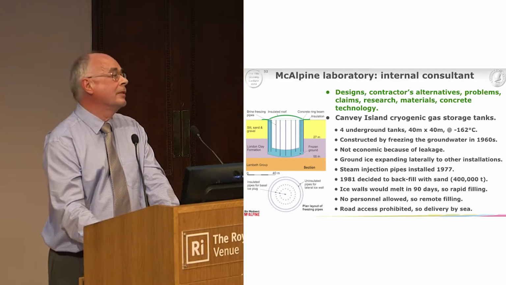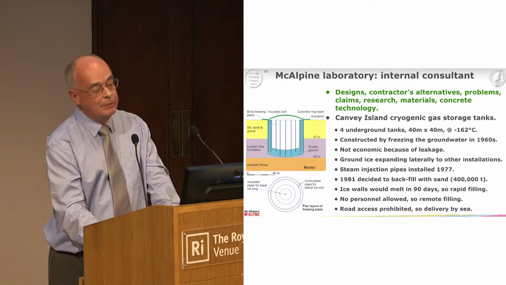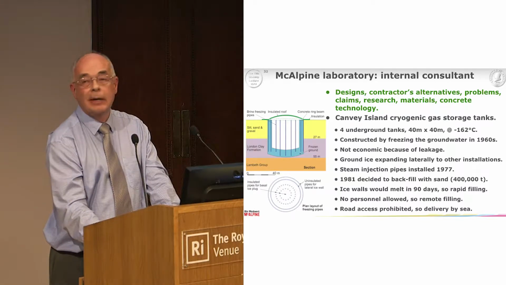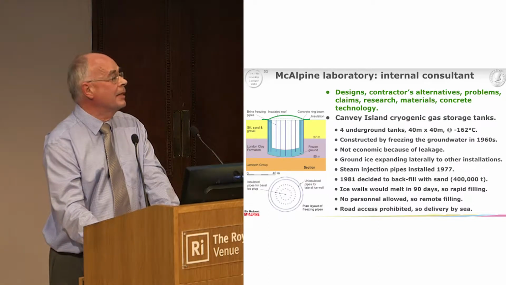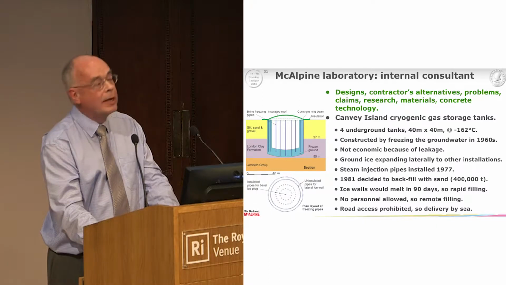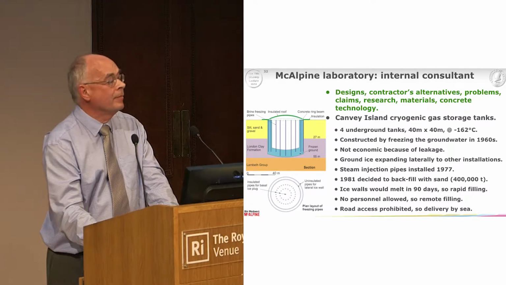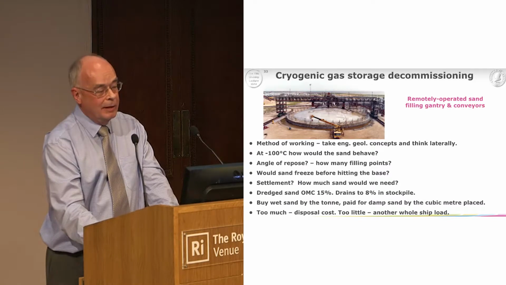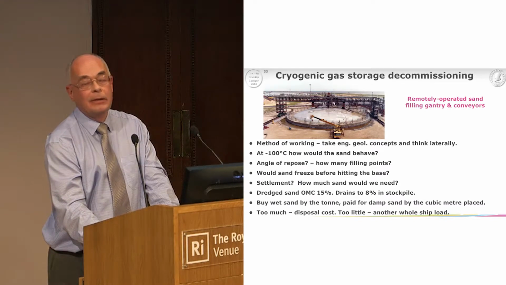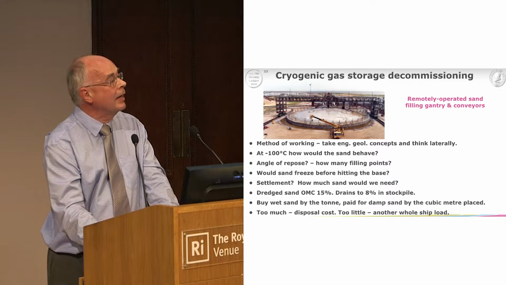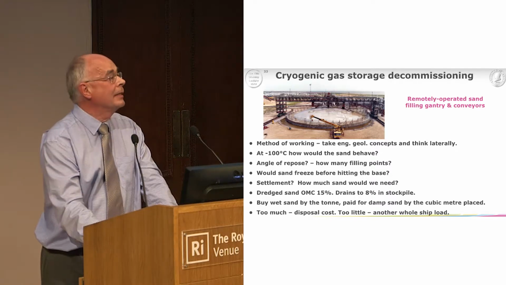And the other problem was no access by road was allowed for deliveries because it was a residential area, and so everything had to come in by sea. So the sand was dredged from the Thames estuary. And this is the general setup showing this remote filling gantry on the rails with the various conveyor systems coming over the top of one of these tanks.